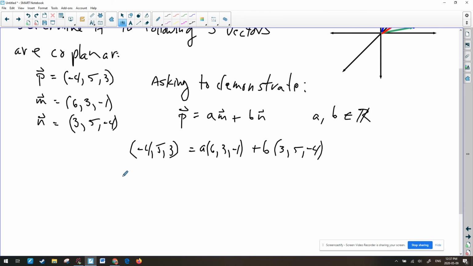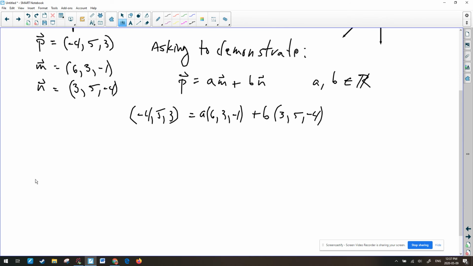Okay, so lovely. What we're going to get out of this, hopefully you can spot right away, is three equations. So I'm going to write them over top of one another. The x's generate the equation -4 is equal to 6a plus 3b.